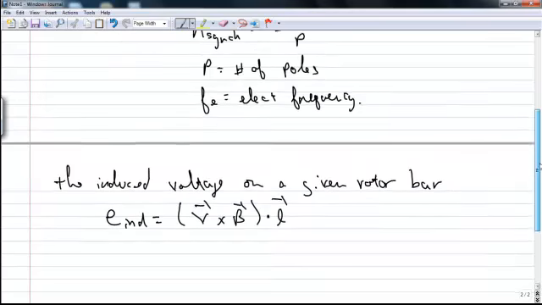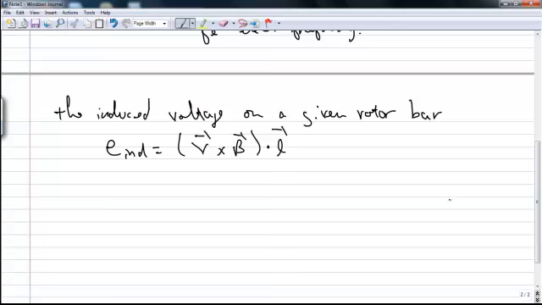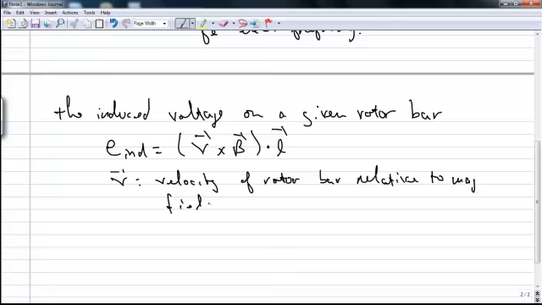The induced voltage is V cross B dot L. Here V is the relative velocity of the rotor bar to the magnetic field. B is the magnetic flux density vector.